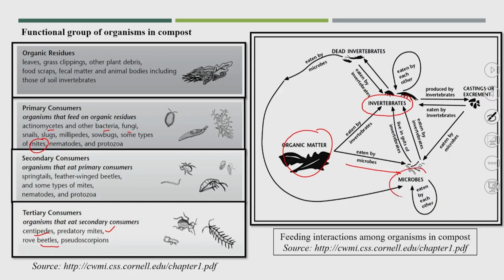Along with the microbes, you can easily find smaller invertebrates in the composting process. The dead microbes will be eaten by the invertebrates, and again once the invertebrates die, they will be eaten by the microbes in the composting process.